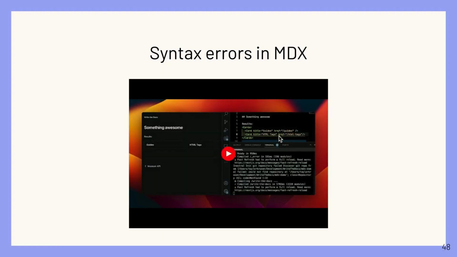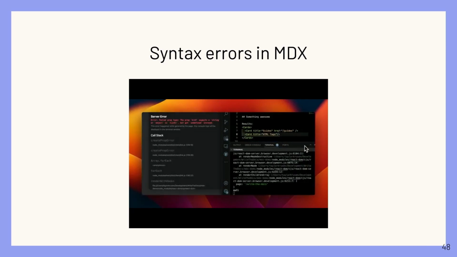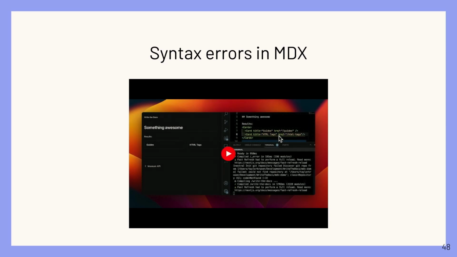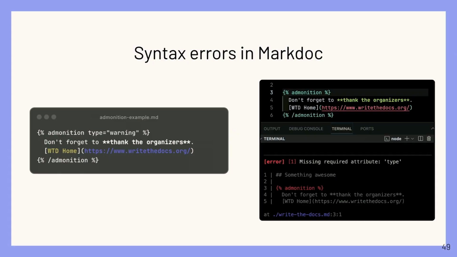So quick example of kind of what that looks like as an author. If I am in MDX, and I know this is tiny and you can't see anything, but I am currently removing a prop from a component, and it has blown up because it is a required prop inside of my React component. So as a writer, that can be a very jarring experience.